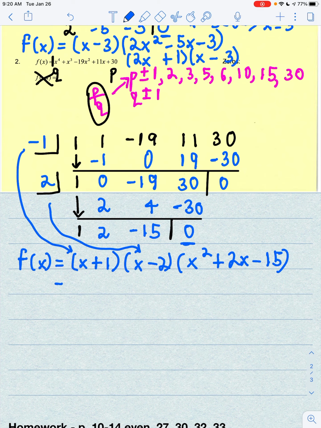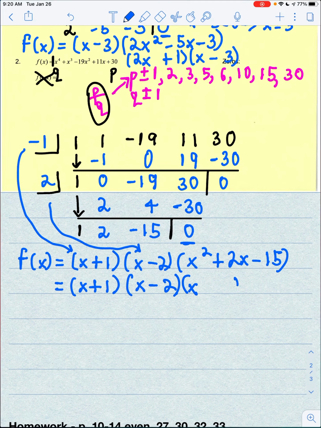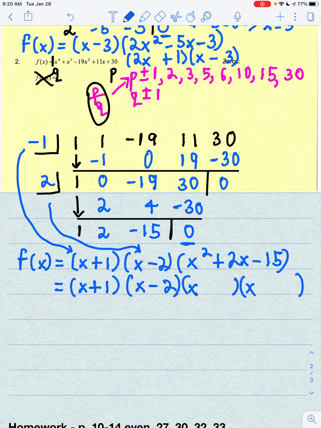Now, my hope is that I can factor that quadratic. Again, if I can't, I get to use the quadratic formula. Here, I think I'm going to be all right. 5 and 3. It'd have to be plus 5 minus 3 to be positive 2.